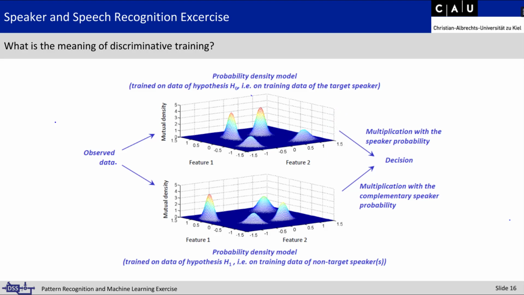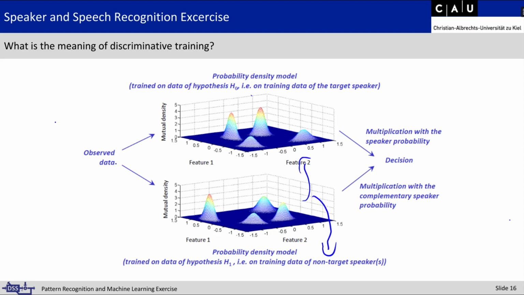So to neglect this problem, you use discriminative training, where you train all of your models, for example, GMMs, with regard to each other. So you not only want to maximize your model fit to a given input feature set, you also want to maximize the distance to all other GMMs.